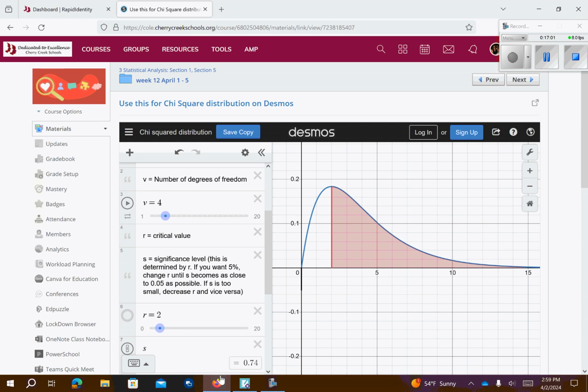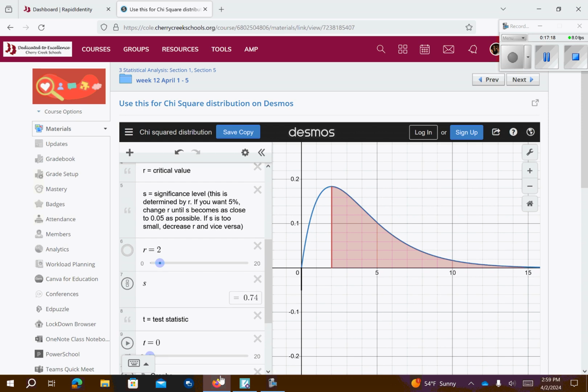So recall that if P is less than alpha, we reject the null. This one, we didn't really have an alpha value, but usually we go with 0.05, or if we had a P value of less than 0.05. On ours, we come up with 0.74, which is larger than 0.05.